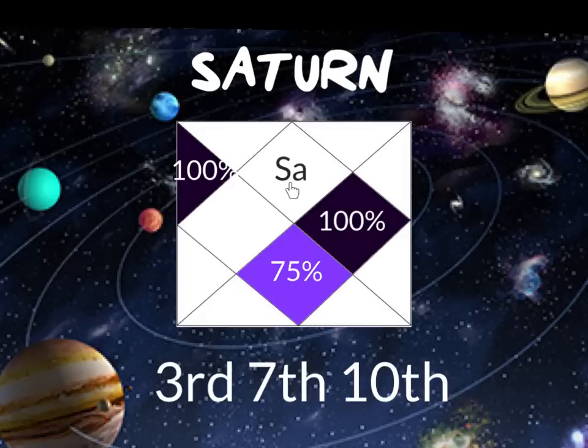And Saturn's 7th aspect, opposition aspect from where he is, 75% influence. So it's still pretty strong, but not as strong as 3rd, 10th. And the 10th aspect, 100% impact of Saturn's Dristi. So the first part of the Graha Dristi of any planet, including Saturn, is the aspect to the house itself that he is aspecting. 3rd, 7th, 10th. In the case of Saturn, he is influencing the whole area of life.